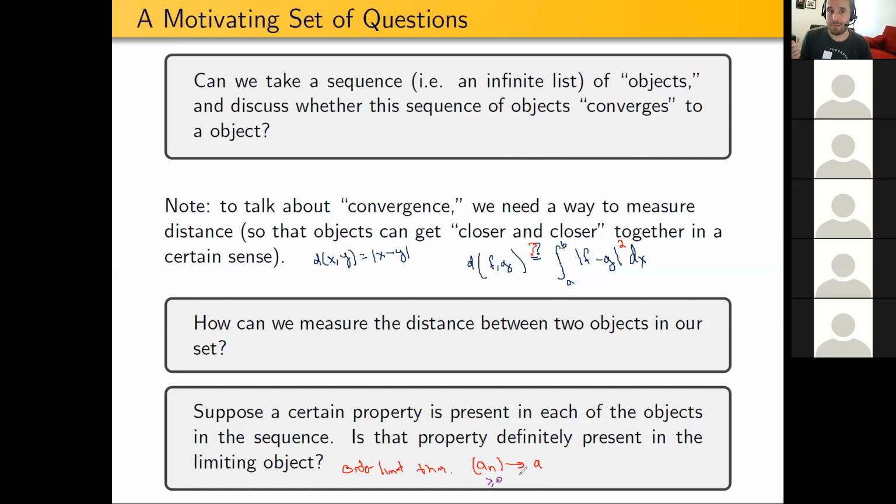Would a have to be greater than or equal to 0? And it turned out the answer was yes. If our values were non-negative, then a would have to be non-negative as well.